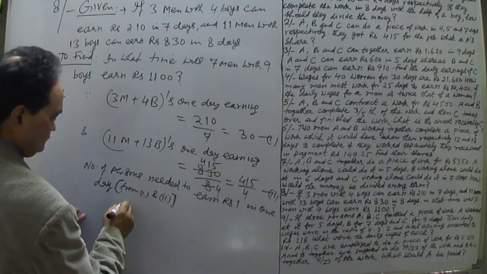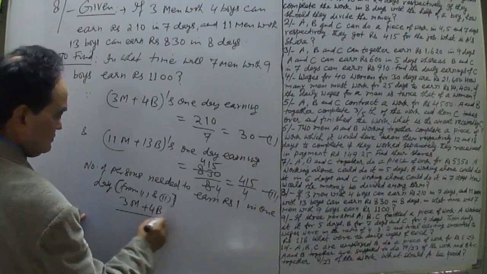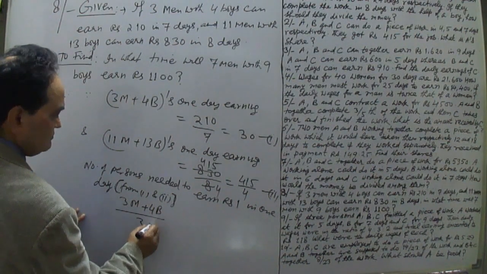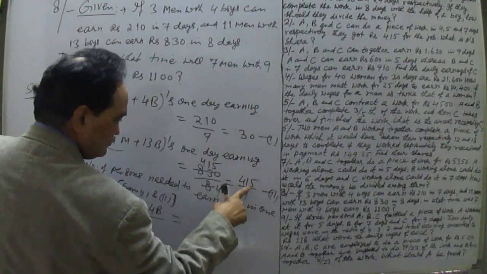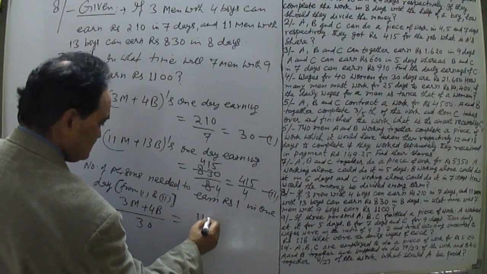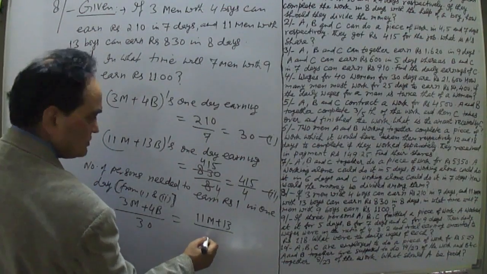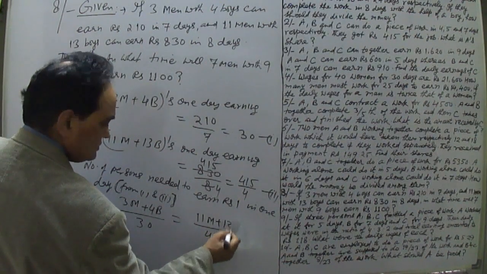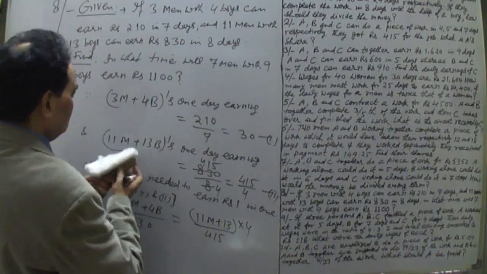We have here 3m plus 4 boys divided by 30. This 30 will come in the denominator, and this 415 upon 4 will come here. This is 11 men plus 13 boys divided by 415 into 4. This 4 will come here. This upon this. Now let me solve it.